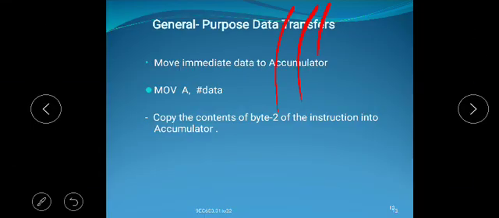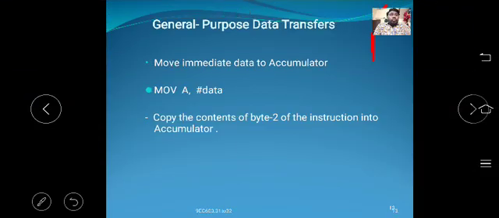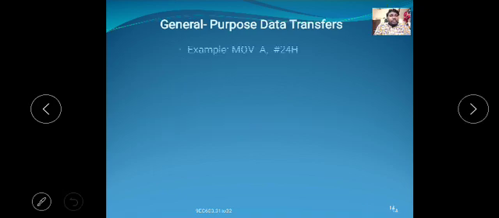In the general purpose data transfers, move immediate data to the accumulator: MOV A, #data. Copy the contents of byte 2 of the instruction into the accumulator. Example, MOV A, #24H.